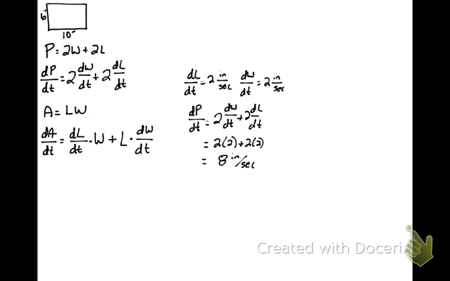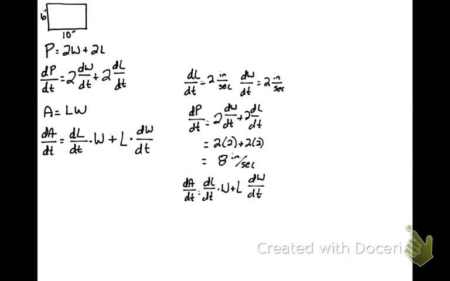Let's consider the rate of change of the area of this same rectangle. We're told that dA/dt is related to dL/dt times whatever the width happens to be, plus the length times whatever dW/dt has to be.